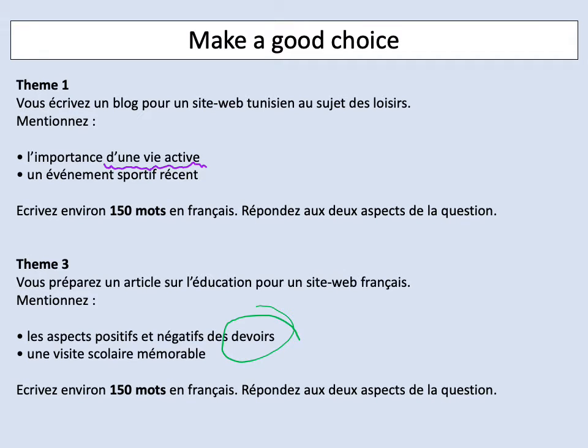But d'une vie active, if we know that vie means life, is just asking about the importance of an active life or an active lifestyle. And really, that is so broad and open-ended that there are lots and lots of things that you could put in that question. The answer to that is much, much easier than writing a really narrow thing about homework.